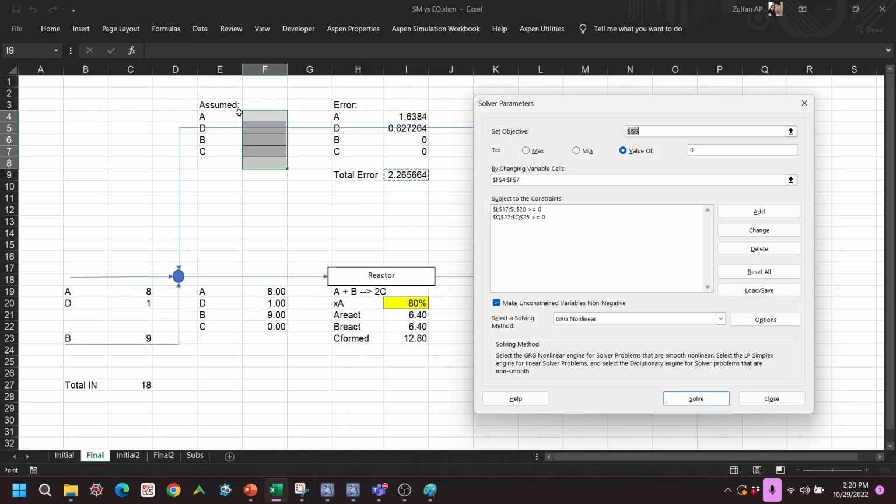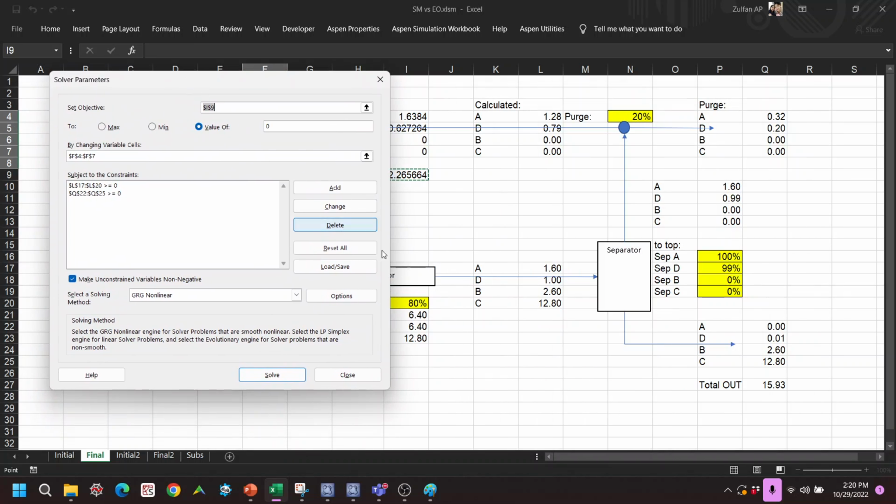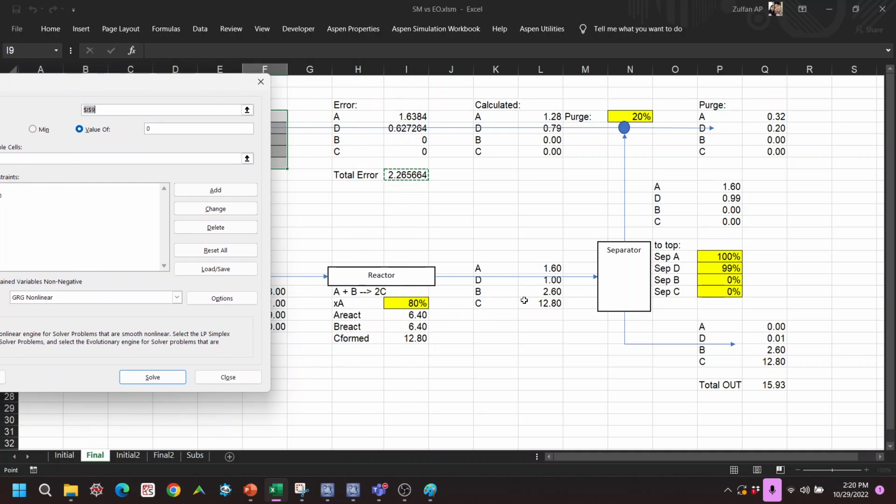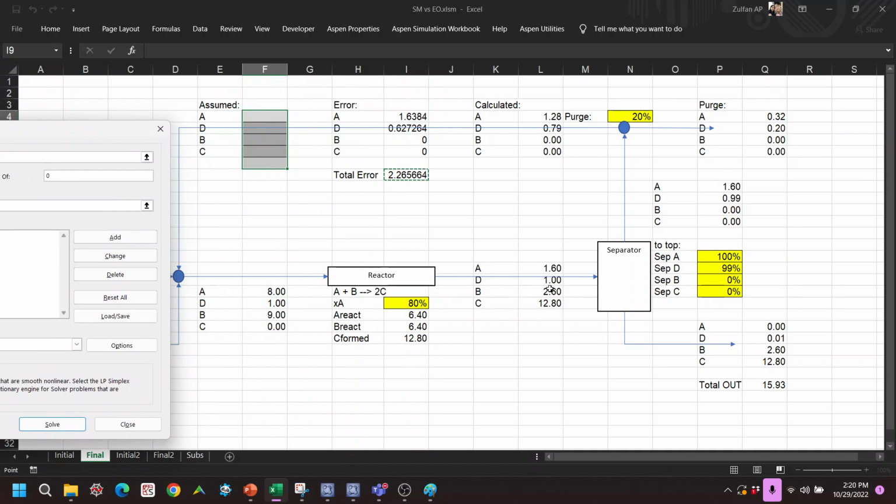Because these are the x variables, and then I put a constraint over here. This part is like a deduction. So what is coming in, if it's a reactant, it will be deducted by how much of the reactants get reacted, and then the product will be formed or added to it.